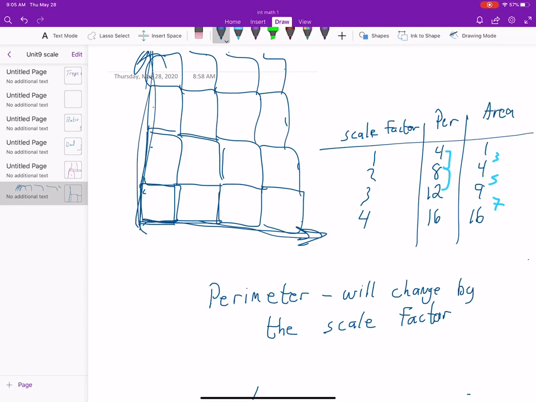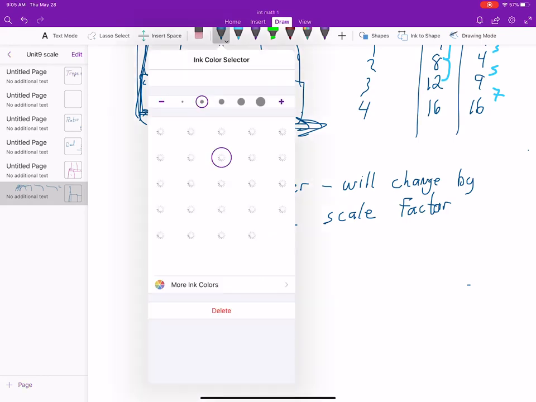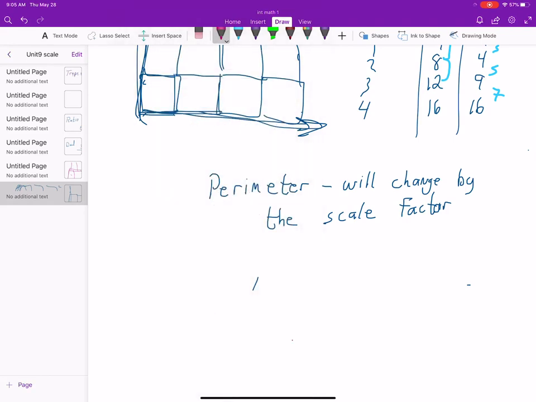So, if we have a shape, and I'm going to change colors just for a little contrast here. We have a rectangle, say like this, and then I say, all right, I'm going to take that and expand it by a scale factor of 2. That means I'm going to make this twice this way and this twice this way.